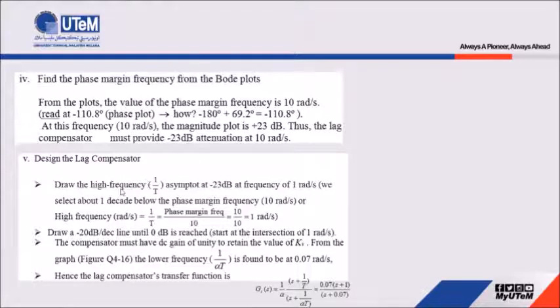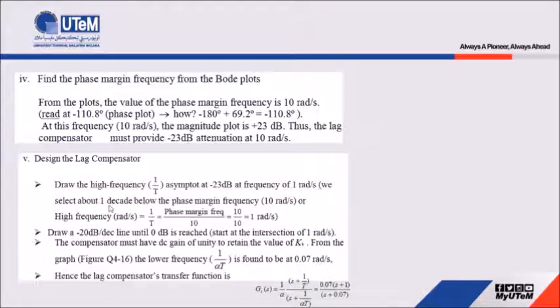Okay, after we get all this, we can design the lag compensator. First step, we have to draw the high frequency asymptote that we call 1 over T, which occurs at negative 23 dB at a frequency of 1 radian per second.